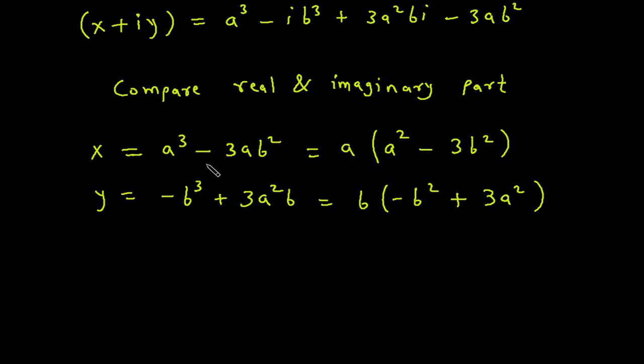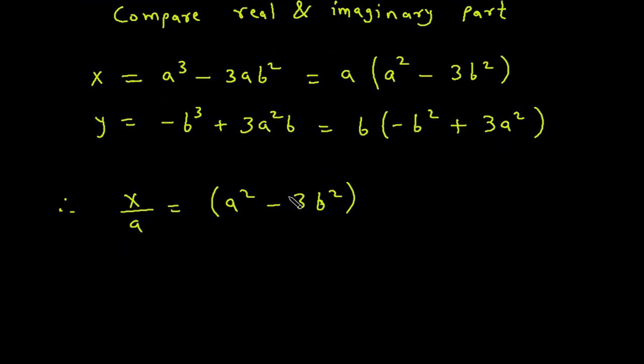Now if we take this a on the left side, therefore x/a is equal to a² − 3b², and from here y/b is equal to, if we arrange this, 3a² − b².